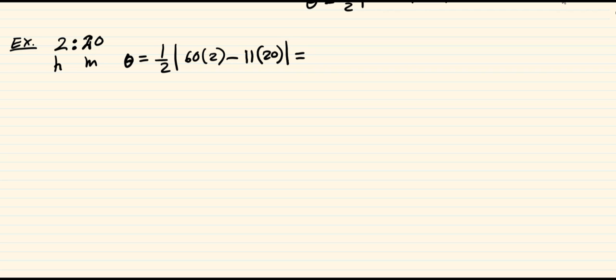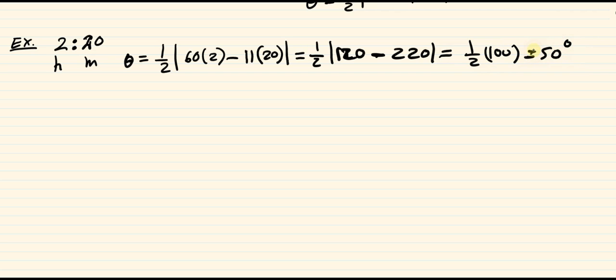Okay, and we can actually complete this. Now this is going to be 1/2 absolute value of 120 minus 220, and the absolute value is going to be 100. The measure of the angle is going to be 50 degrees, and there you have it.